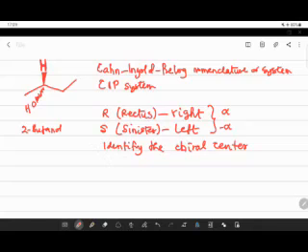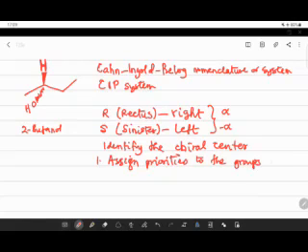Once we've identified the chiral center, the first thing is to assign priorities to the groups attached to the chiral center.